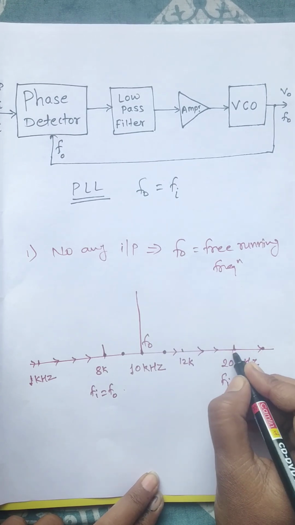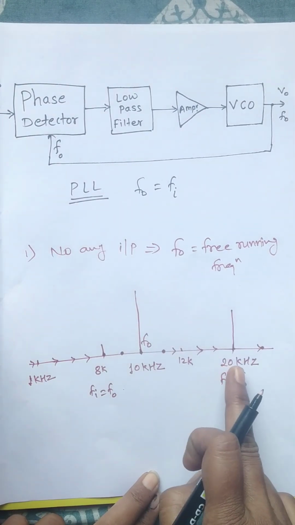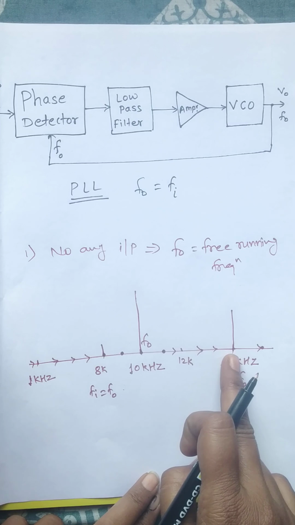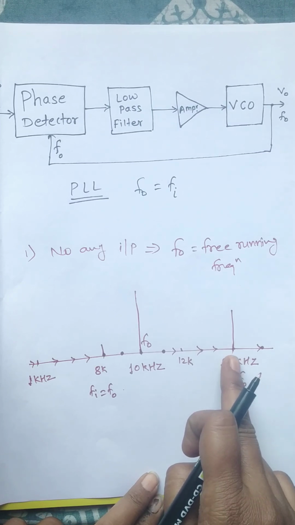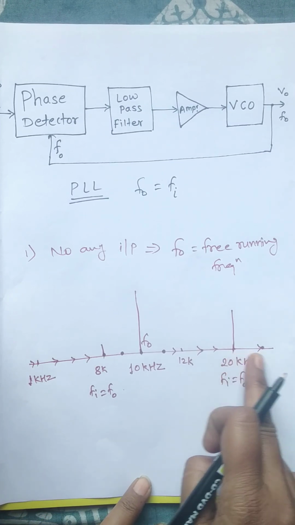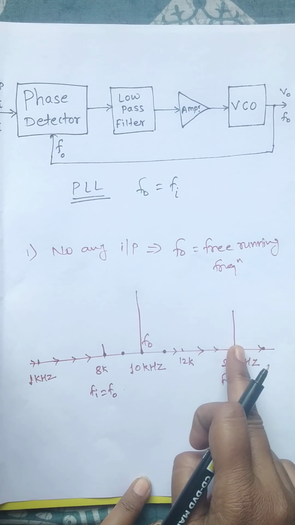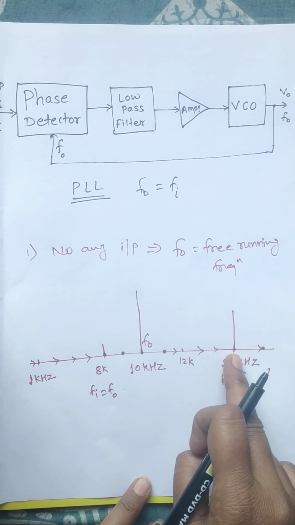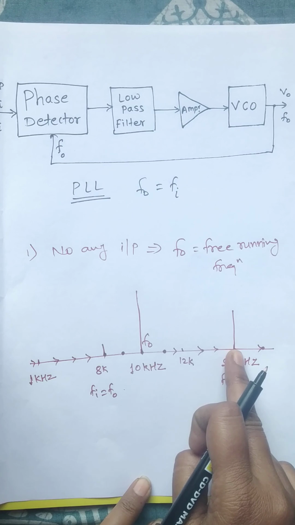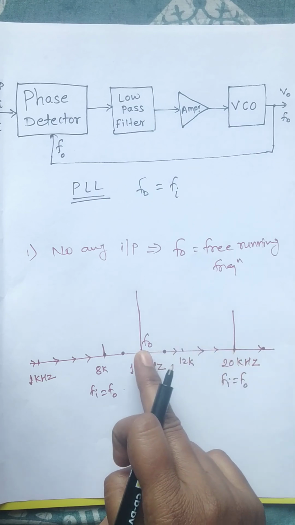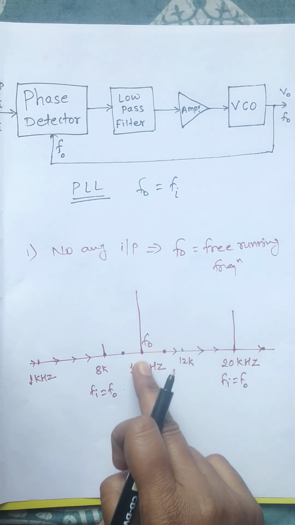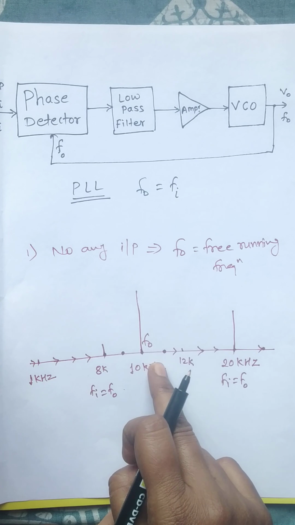What will happen up to this point? The VCO will track, the PLL will track the input. But after 20 kilohertz, the input signal is increasing, but the PLL can't track, and the PLL or VCO will produce its output frequency equal to the 10 kilohertz free running frequency.